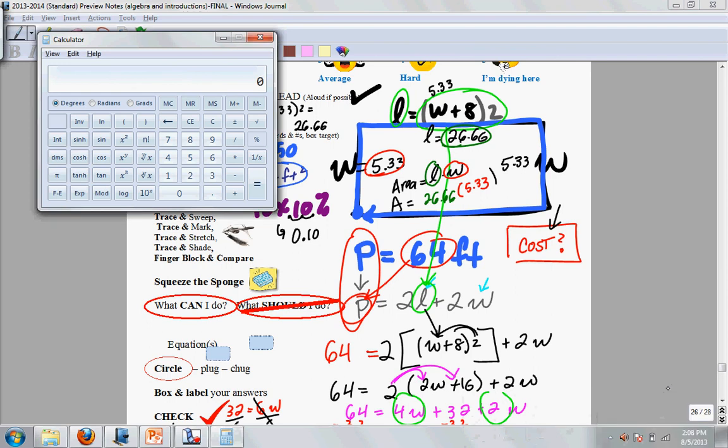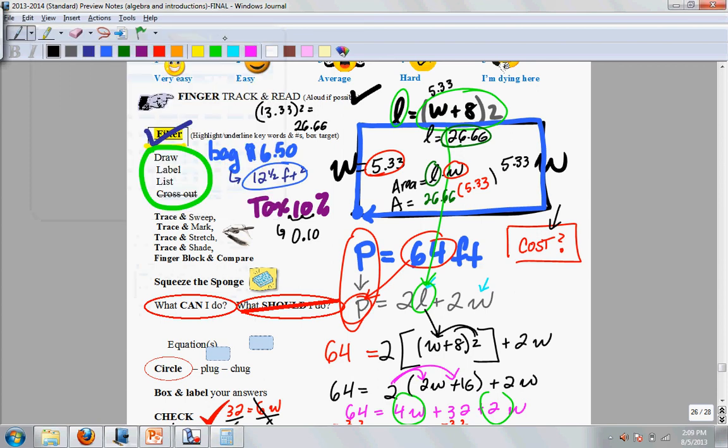Let's go ahead and multiply that and get our area. We have length, 26.66, times the width, which is 5.33. So our area that we have to cover is 140.33 or 34 feet squared.